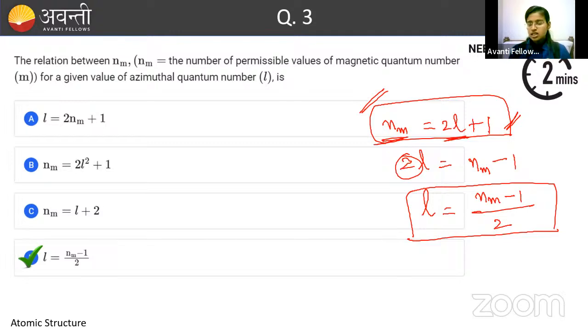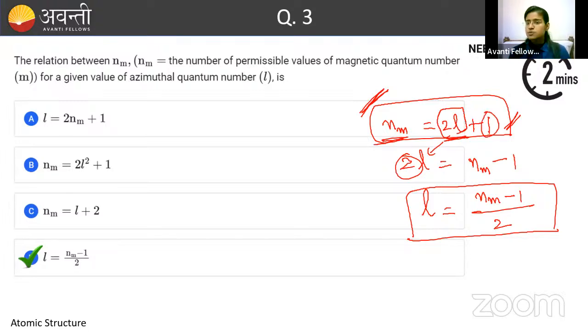The first thing is the relation which you have studied in your class. So for a given value of l, the number of permissible values of magnetic quantum number can be calculated using 2l plus 1 formula. And from that, I have rearranged and got the value of l. So I have kept this 2l one side and brought this 1 to the other side.